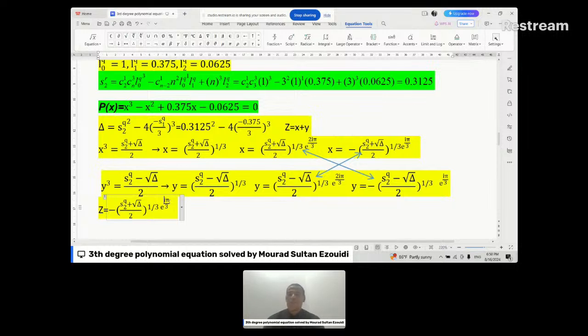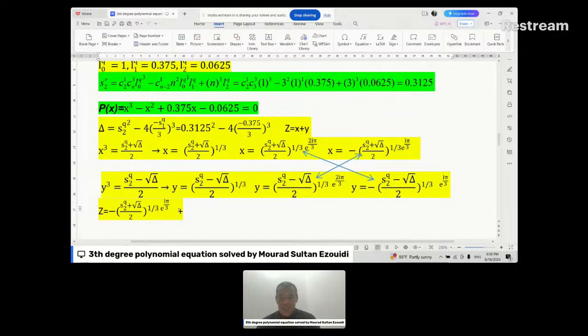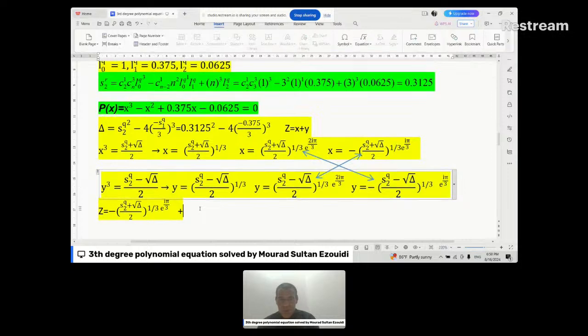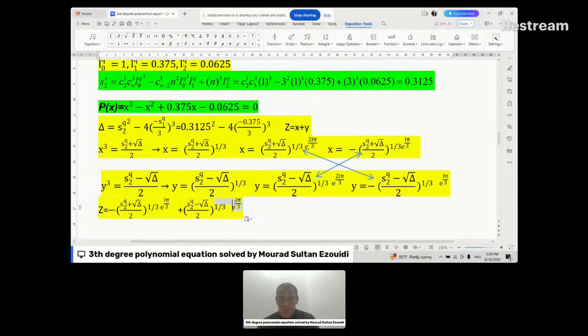Then plus this, but here I multiply by the exponent 2i pi. This is the second root. We use cross multiplying to find the second root.